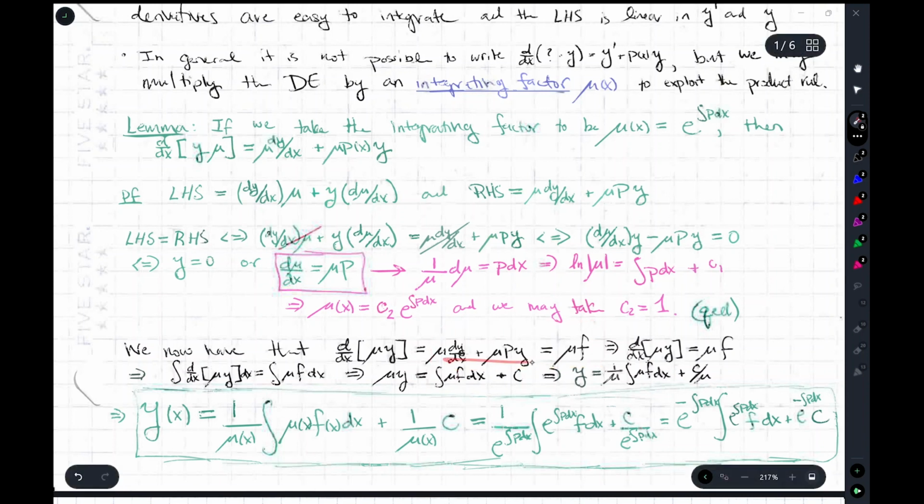And then what we just showed above is that the left-hand side of the differential equation is equal to the derivative of the product. And so now let's equate this left-hand side with the right-hand side. And so we have this expression right there. And why we did all that is because it's easy to integrate that term. Okay, so on the left-hand side, when we integrate, we're going to get just mu y.